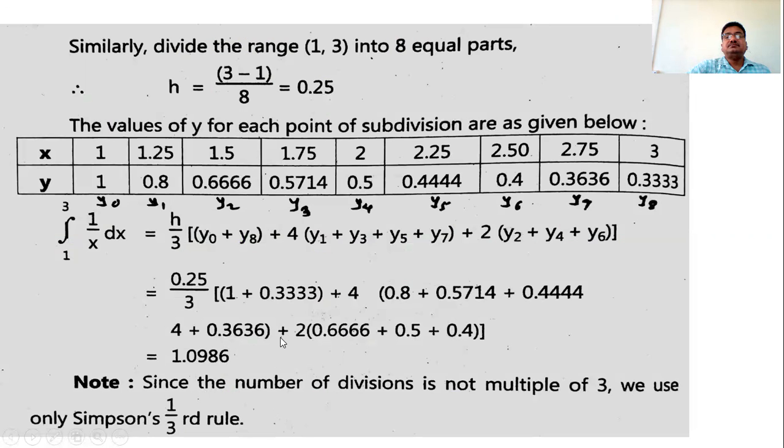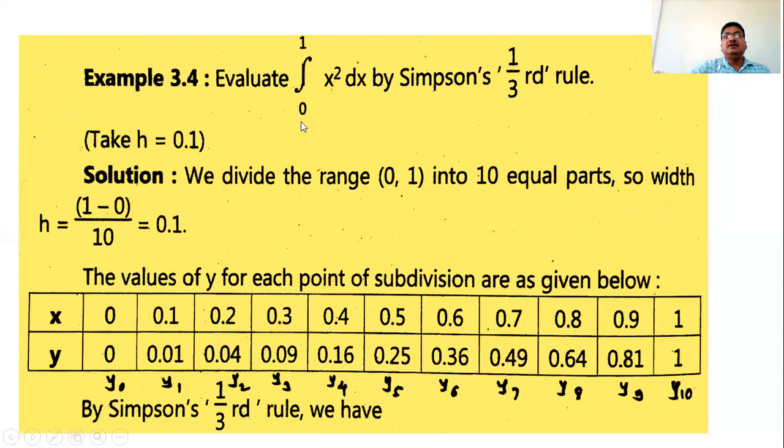So next example: evaluate the integration 0 to 1 of x square dx by Simpson's 1/3 rule, and take h equal to 0.1. So there is no need to find the value of h.